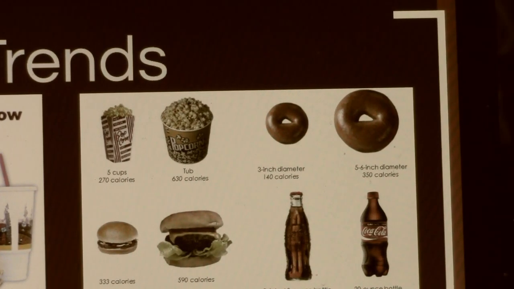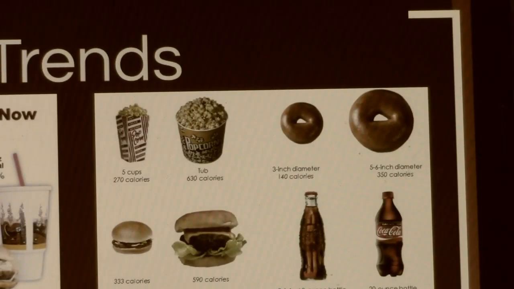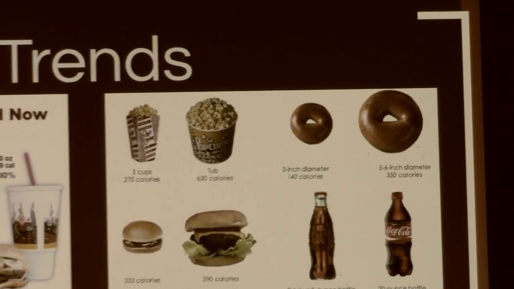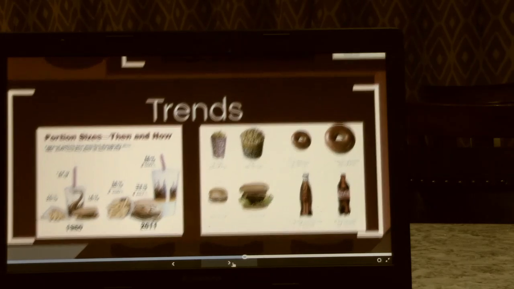So we tend to think that, besides the type of food that we're eating, our sense of what a normal portion of food is has gone up dramatically. We eat more foods away from home, and when those food portions are offered to us in larger quantities, that becomes our quote new normal. And this translates even to the home, as you'll see in just a moment. Let me zoom back out here a minute and show you the next one.